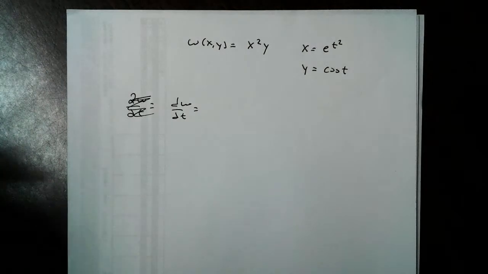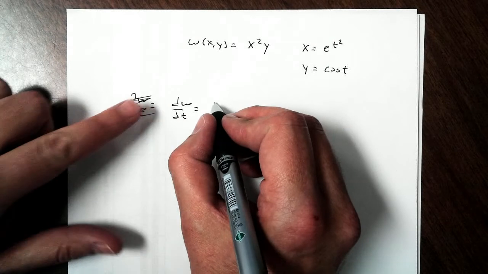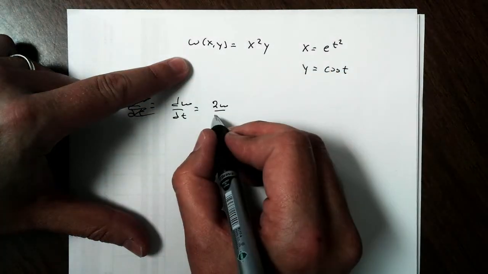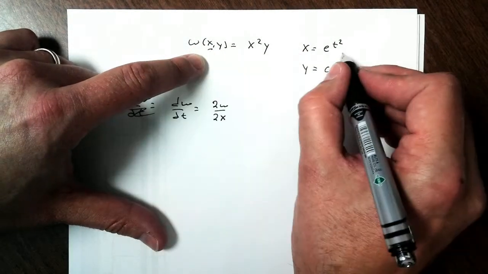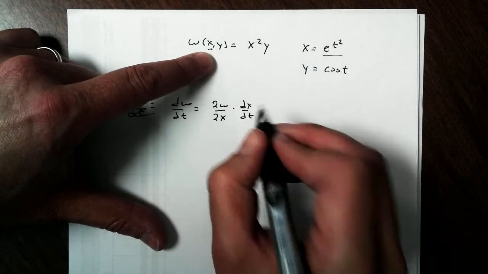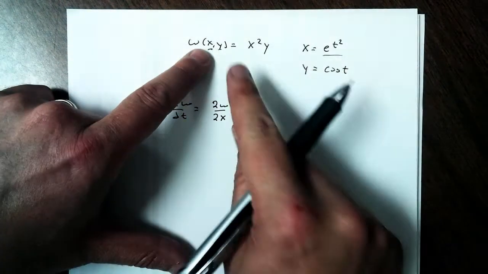So my rule, and we're going to do these all in our head, my rule is very simple. I'm going to take the derivative of w with respect to x, that's my variable, and then my x is being replaced with this e to the t. So now I've got to take the derivative of x with respect to t. Now these are partials. See, w is a partial because w is in terms of x and y.